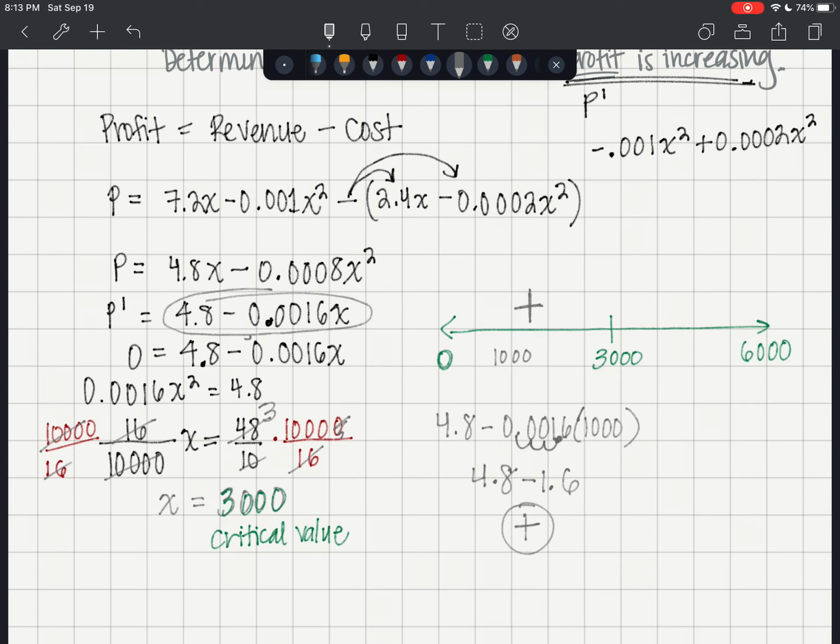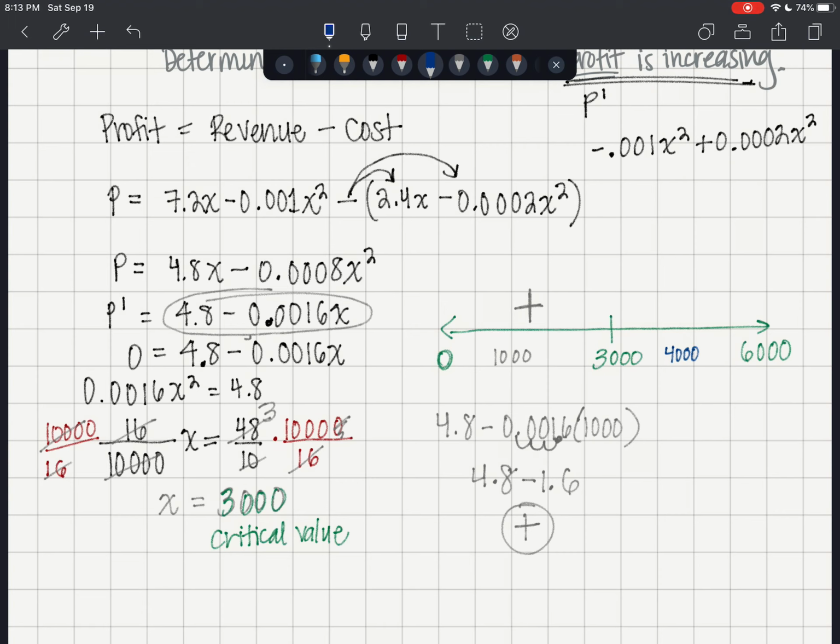Hot dog. If our profit is increasing, that means with each additional unit, I'm getting more profit than I did from the last unit. Okay, so 3,000 to 6,000.